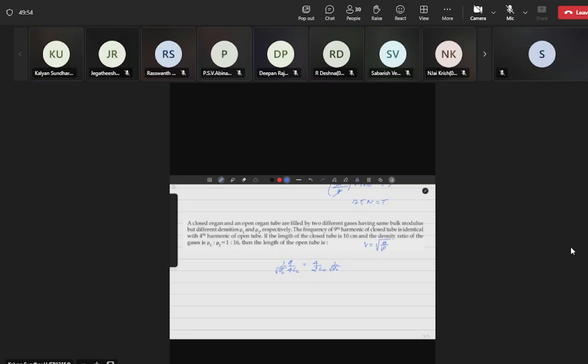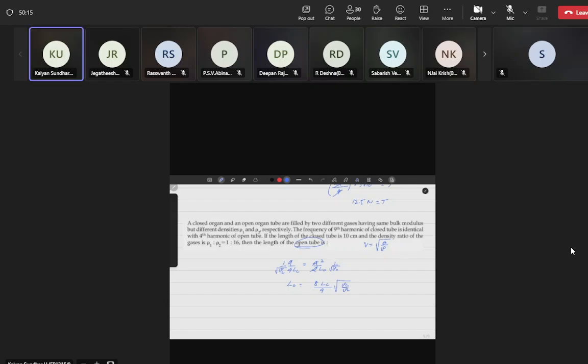And you have to find the length of the open tube. How can I find this out? LO will be equal to, this will be 2, 4 2s are 8 LC divided by 9 under root of rho C by rho naught.